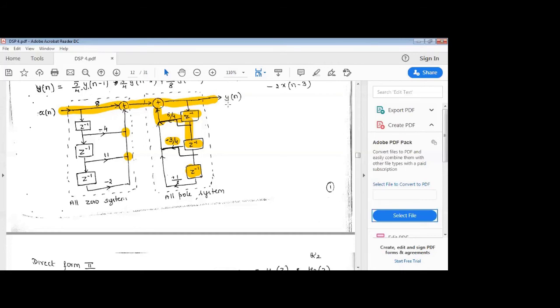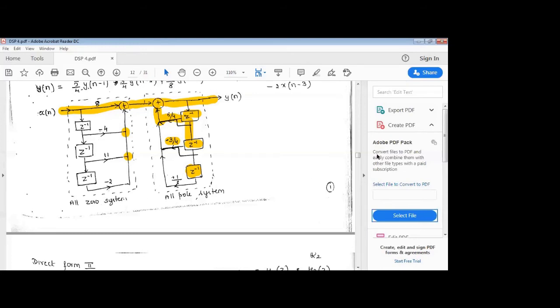Then I have to check the number of delay elements required for the poles and for the zeros. Looking at the poles and zeros, we can see 3 are required, depending upon the order. So we need 6 delay elements totally, 3 for the poles and 3 for the zeros.